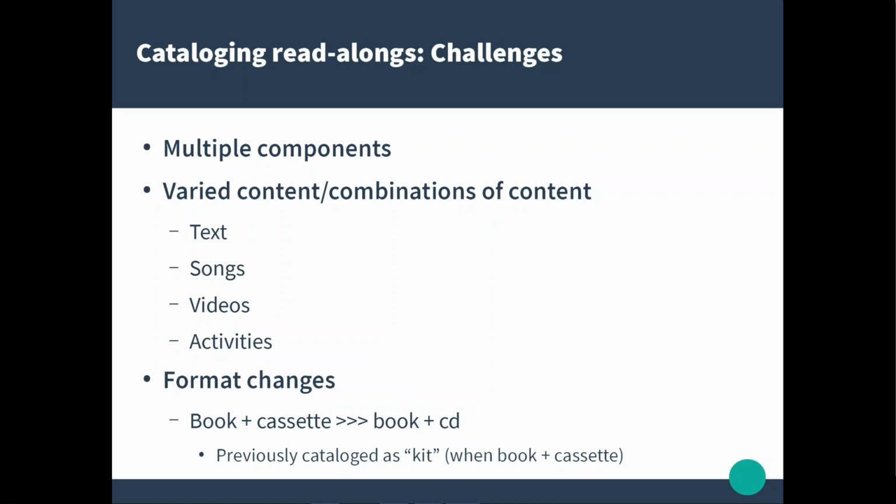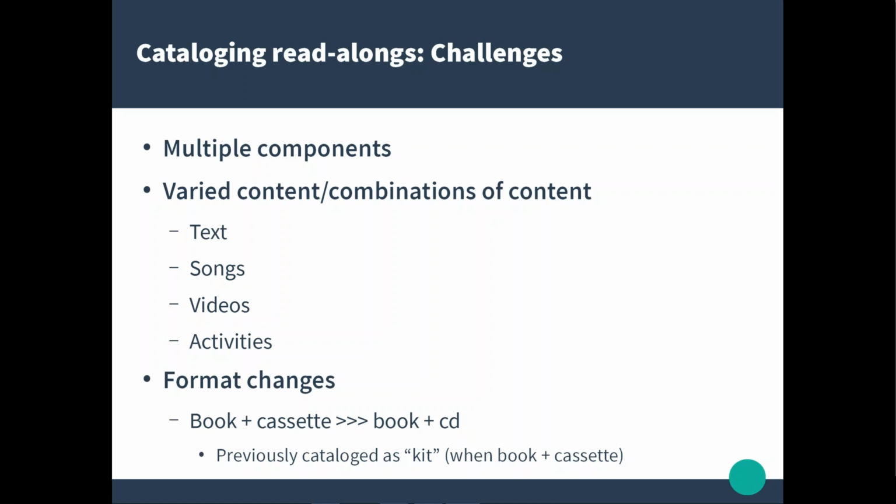Even though it may look like a book with an accompanying CD, what the item is in terms of its character may not quite match the physical characteristics of a book plus a CD. It may actually be that what we're looking at is a sound recording with an accompanying book.